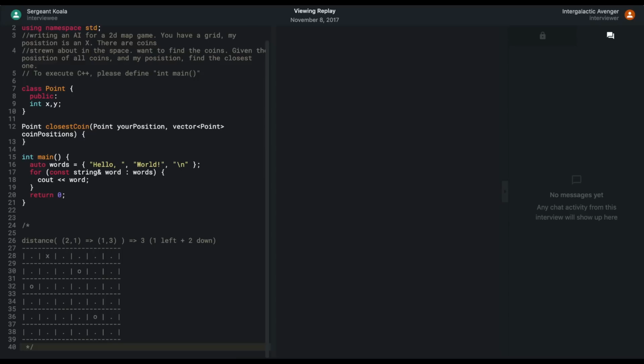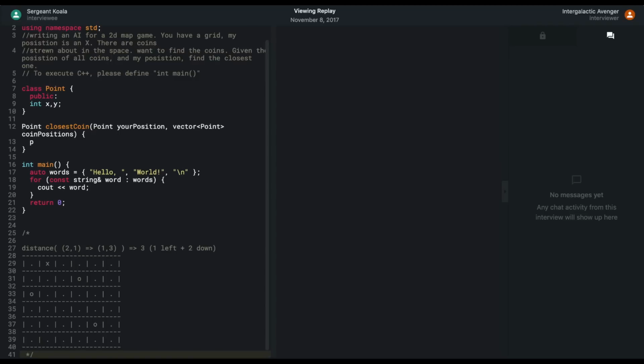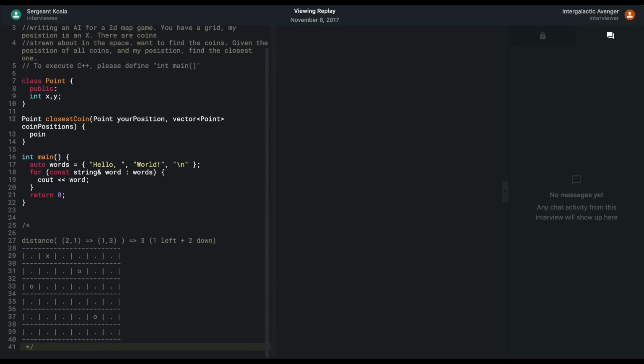Okay. And I'm assuming I have some sort of constructor for Point. Yeah, or you can write one, however you want. Okay. So let me see. My input is my position and the vector of coin positions, and I just need to return the coin that is closest to me.